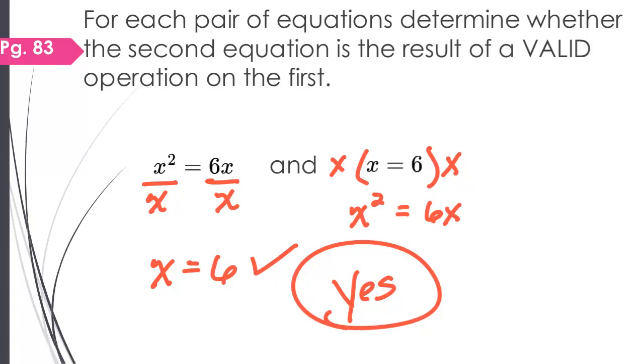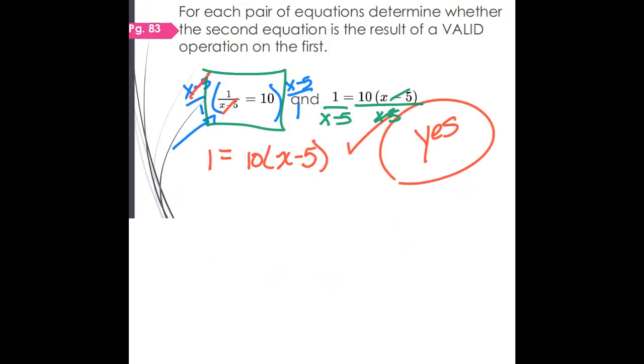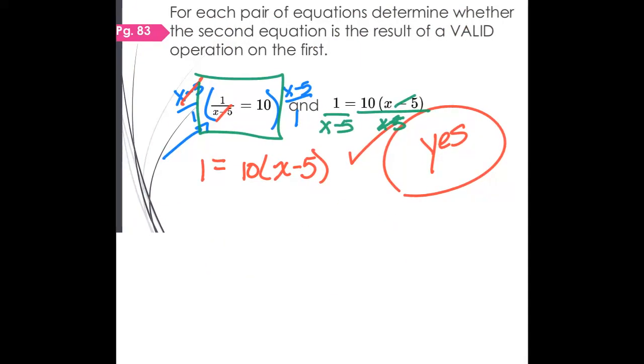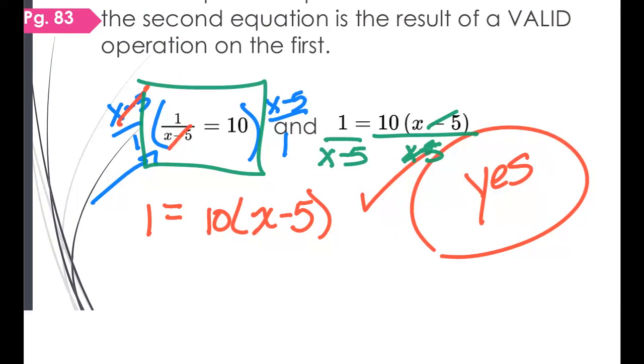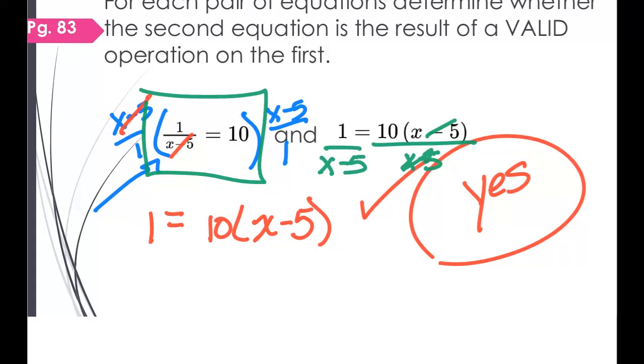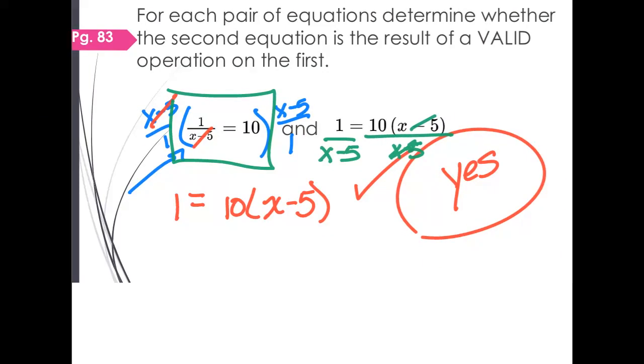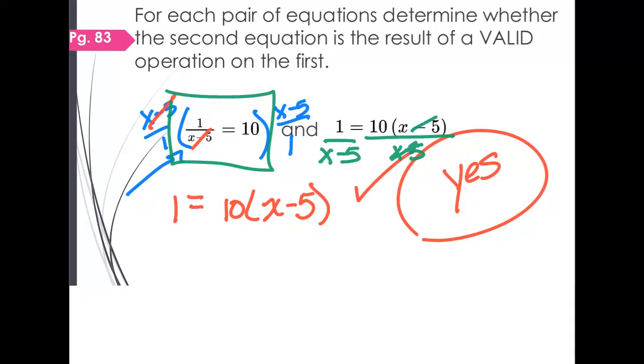For the third one, we just divided both sides by x. And the last one on that page, we multiplied by our denominator to get rid of it as a fraction and make it into 1 equals 10 times quantity x minus 5. Any questions on those?